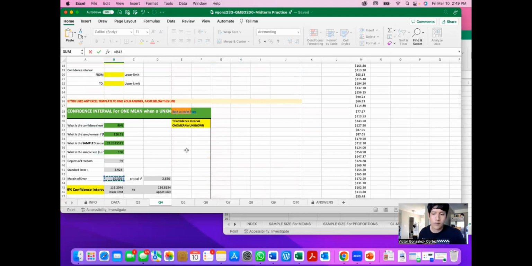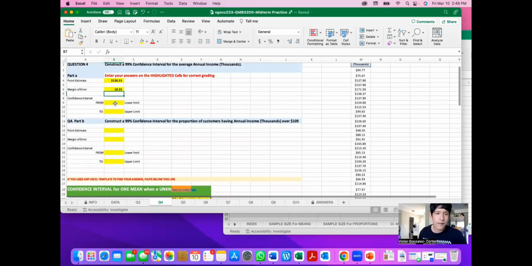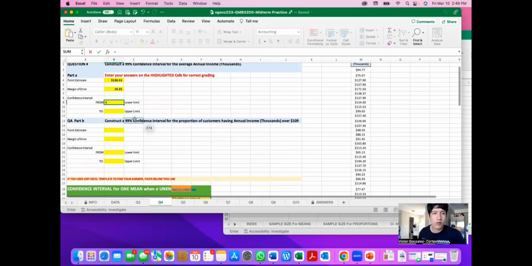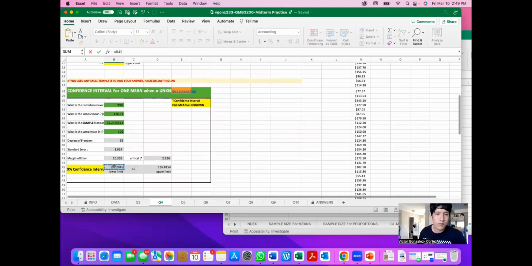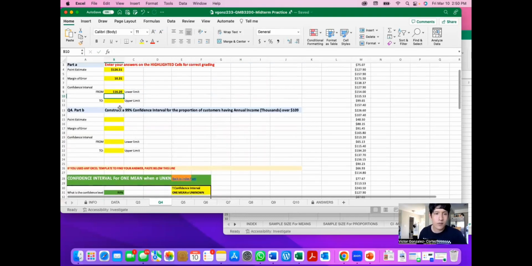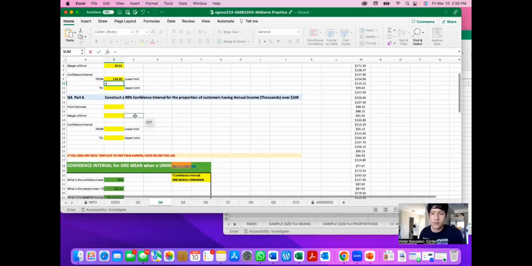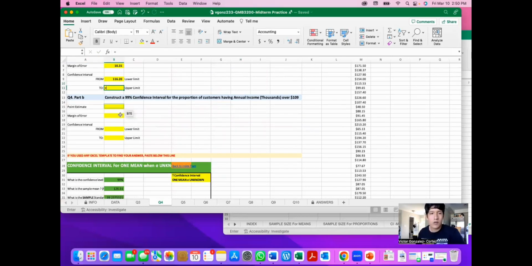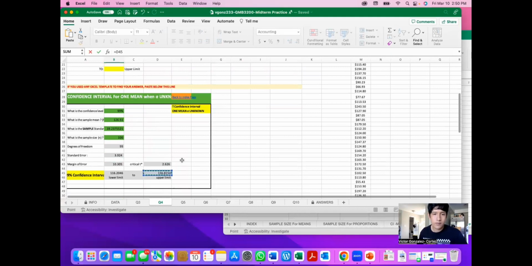So we can just reference that. And then our lower limit would be this number. And then our upper limit would be this number.